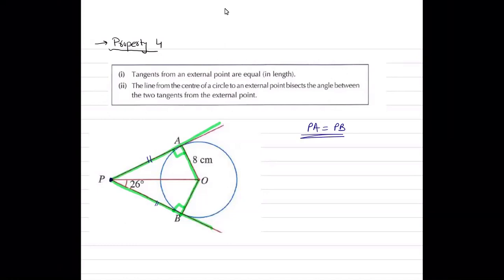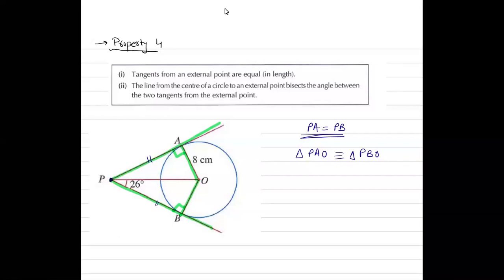Okay, and now let's have a discussion about the angle. See, triangle PAO and triangle PBO are congruent triangles. If they are congruent triangles, then the corresponding lengths are equal and the corresponding angles are equal. They are exactly identical.